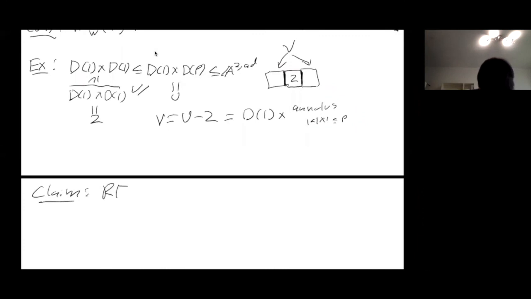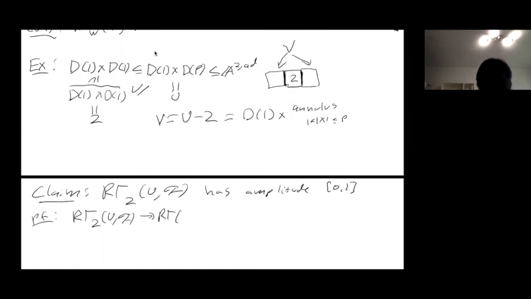So the claim is that RΓ_Z(U, F), for F a coherent sheaf, has amplitude [0,1]. And the proof is very easy. I've basically told you how to compute cohomology with support by using this triangle: RΓ_Z(U, F) goes to RΓ(U, F) goes to RΓ(V, F).